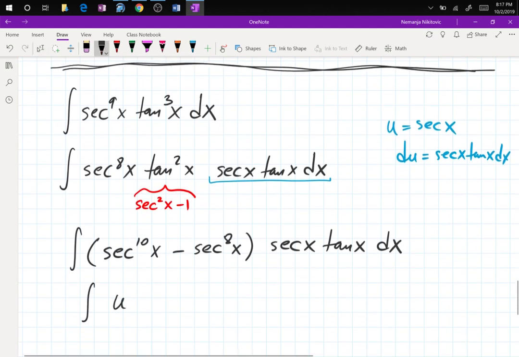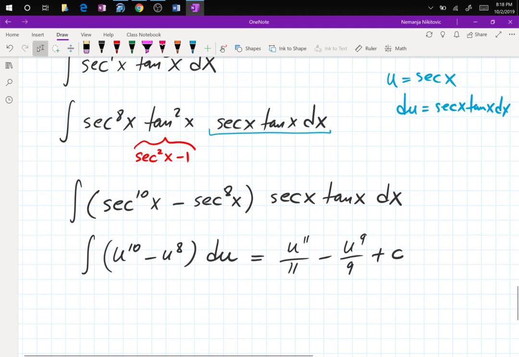This immediately turns into u to the 10 minus u to the 8 du, because secant x is defined as u, and secant x tangent x dx, the whole string, becomes du. And now you have basic integrals. That's u to the 11 over 11 minus u to the 9 over 9 plus c, and then we bring in secant x. So 1 over 11 secant to the 11x minus 1 over 9 secant to the 9x plus c, and problem solved.